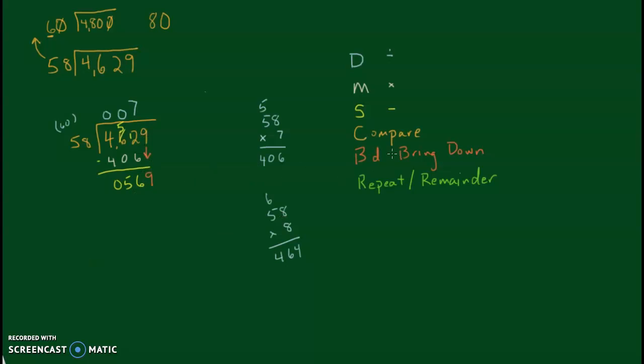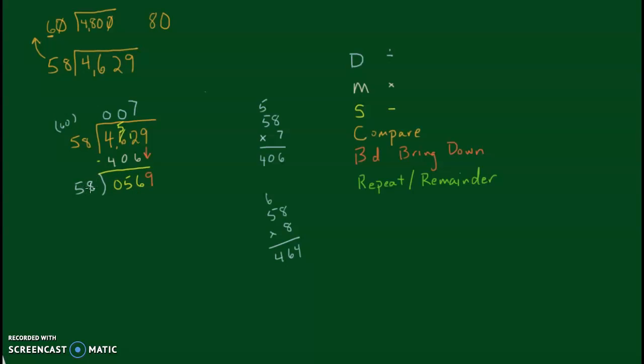And since I did bring down a number, now I have to repeat and go back up through the top. So I'm going to go back up to divide, and this time we're going to do 569 divided by 58. And again, I'm going to think about this as 60. So there's 9 times 6 is 54.